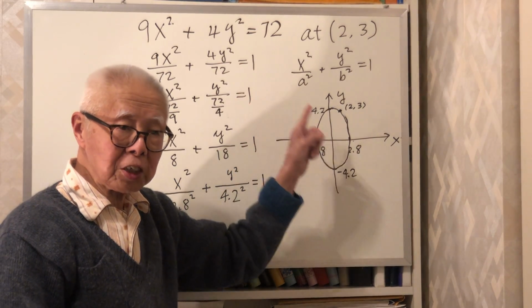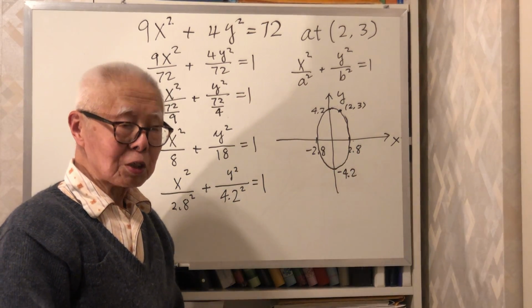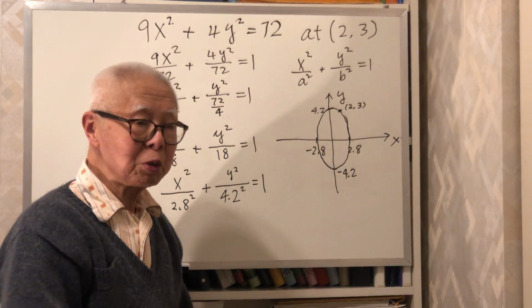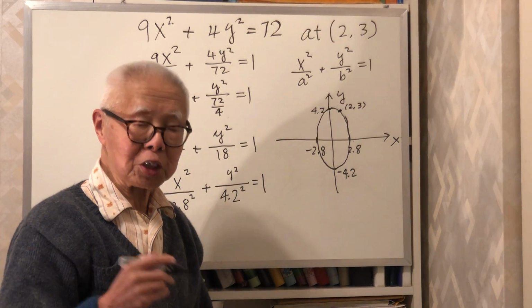So you draw a tangent and you draw a normal to have a good view of what's going on in this question.